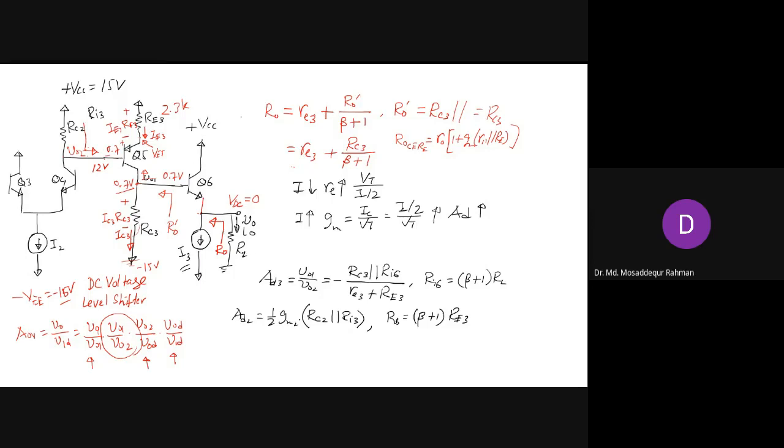So the bias current will also depend on how much current it has to supply. In any case, on the output side, I3 has to be at least equal to the maximum value of I naught, because I naught will flow like this.